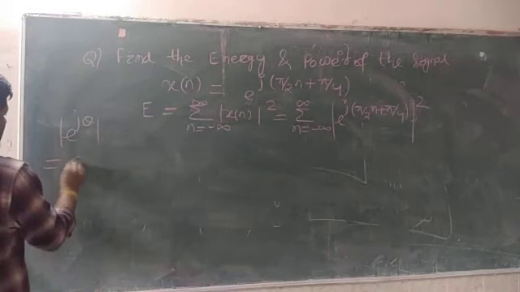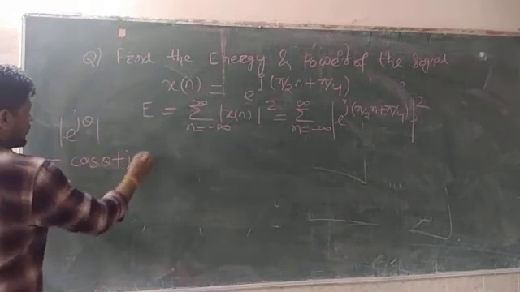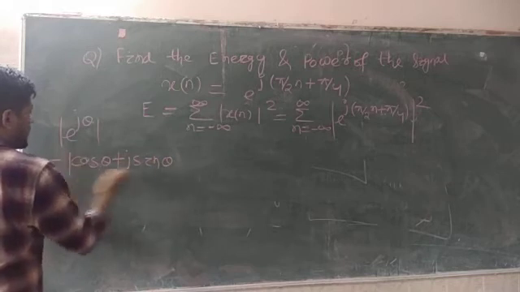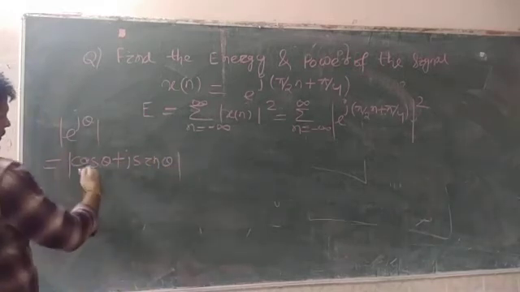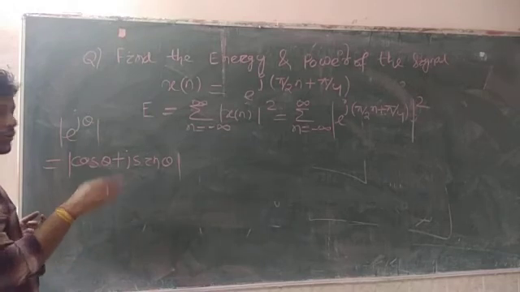If I expand e to the j theta, it becomes cos theta plus j sin theta. This is only the formula. The magnitude of a plus ib is equal to square root of a square plus b square.